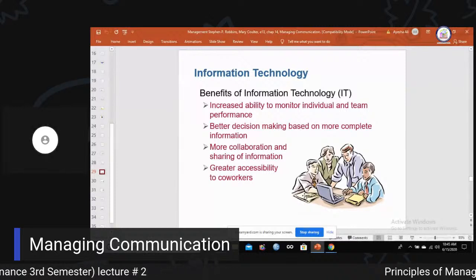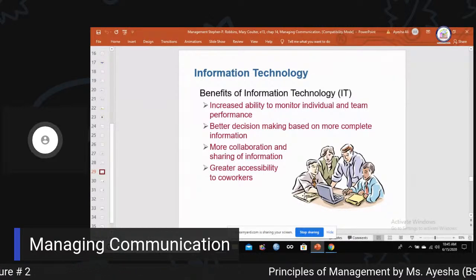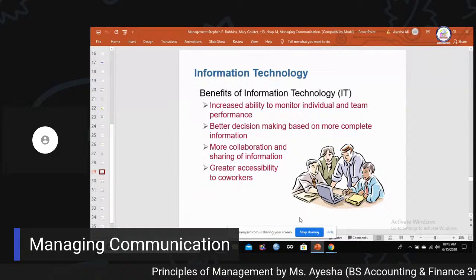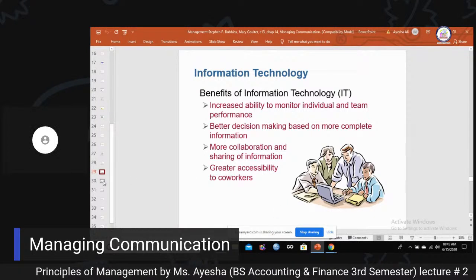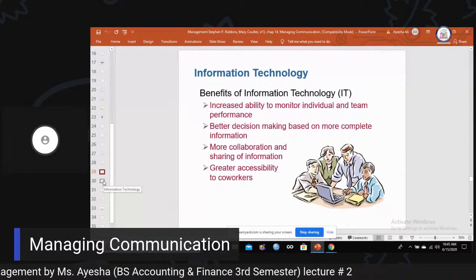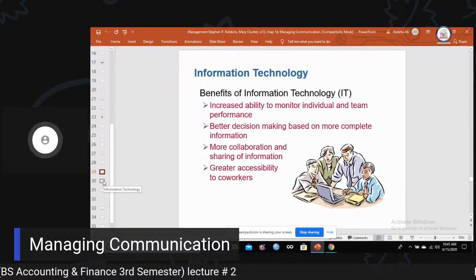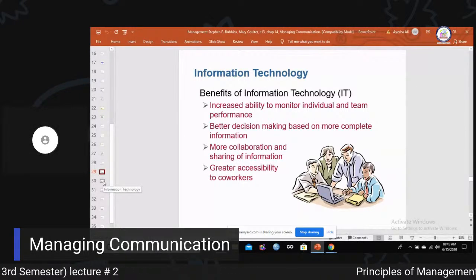So greater accessibility is possible through communication. We can deliver our message anytime. We can approach our coworkers, our bosses anytime.